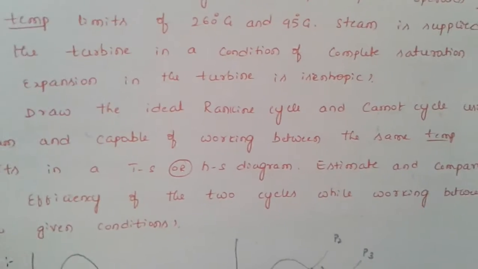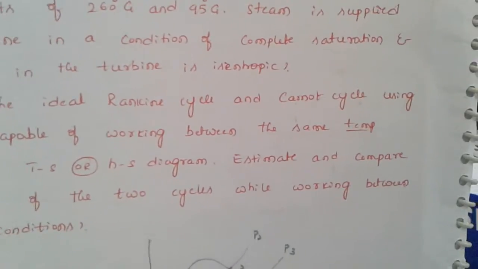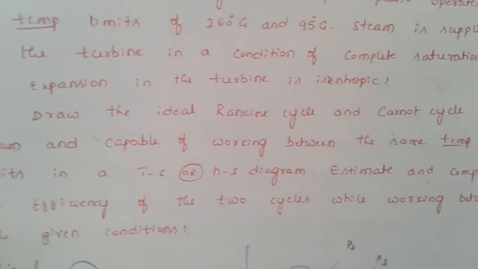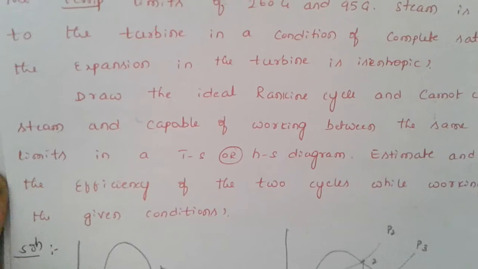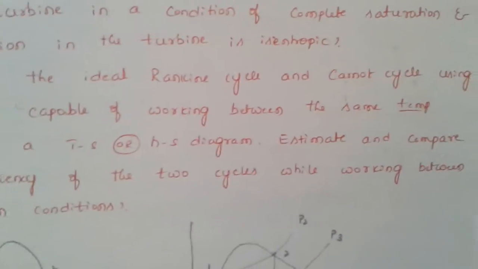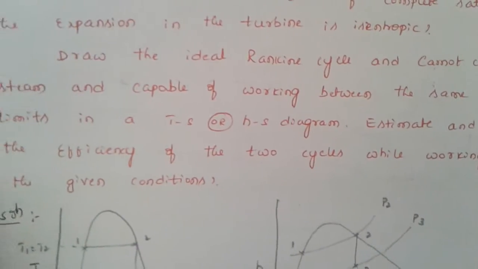Draw the ideal Rankine cycle and the Carnot cycle using steam and capable of working between the same temperature limits on a TS and HS diagram. Estimate and compare the efficiency of the two cycles while working between the same given conditions.